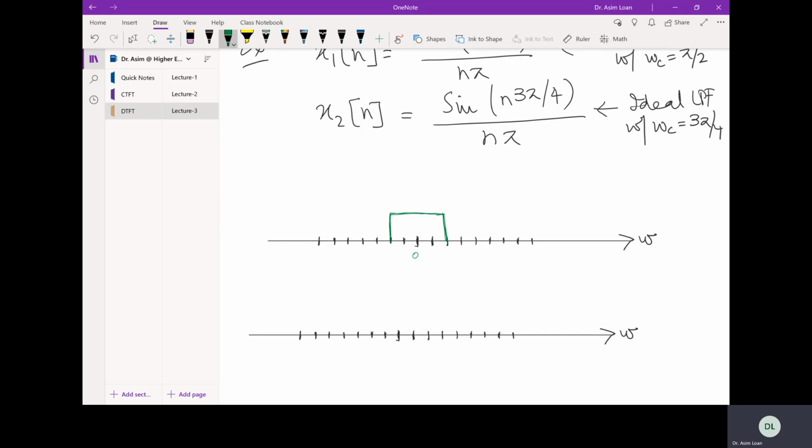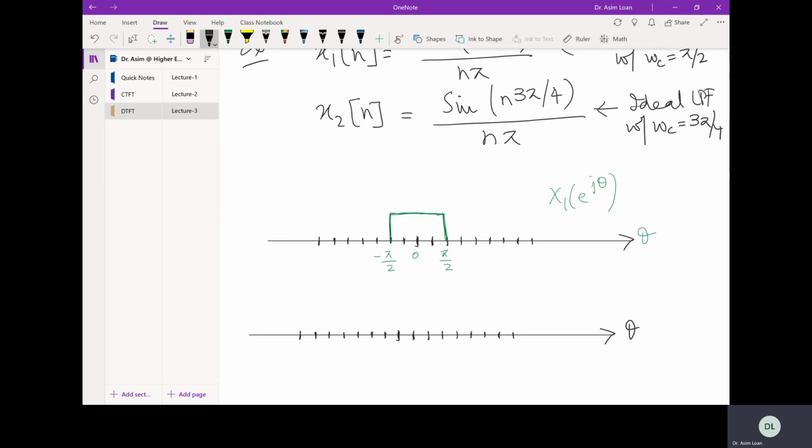So this is 0, this is pi by 2, this is minus pi by 2. This is x1 of e^(j theta). Let me rename this to theta, because this is what convolution does. You relabel the axis, so this is also theta.